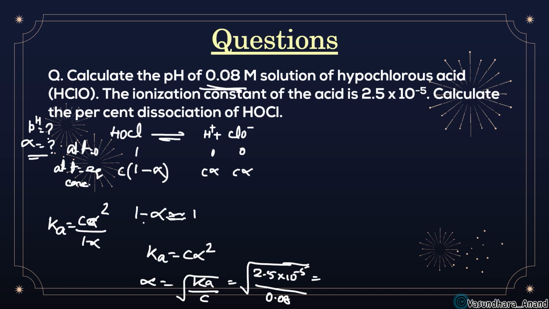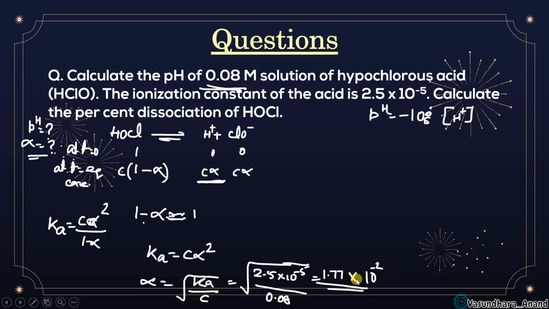Now to find pH, we know that pH is minus log H plus concentration, and H plus concentration is here C alpha. Just wait, let me find the alpha value here. So just calculate it, solve it, and you will get alpha as 1.77 into 10 to the power minus 2.